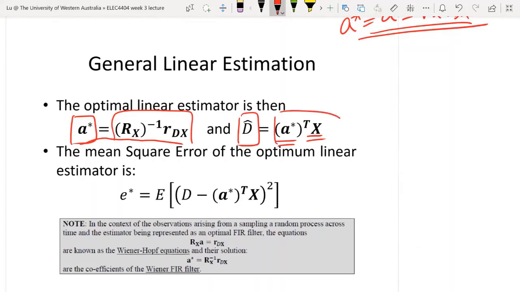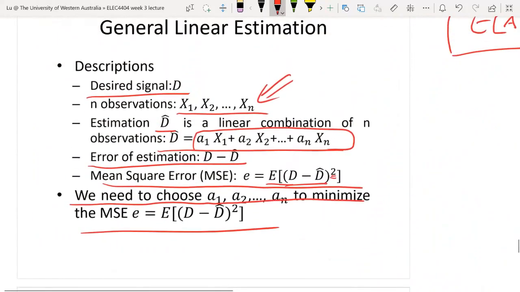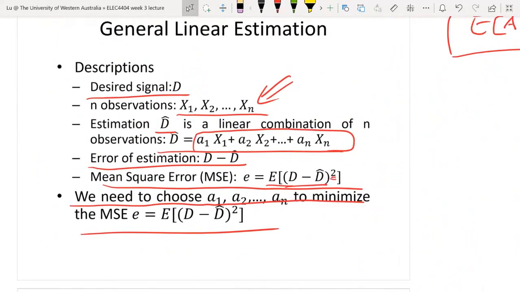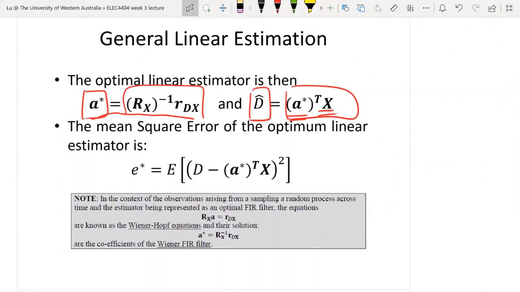Why do we do it this way? Because we said, let's record this here, the estimation D hat is a linear combination of the observations. So our estimation is the A vector transpose multiplied by the observation.